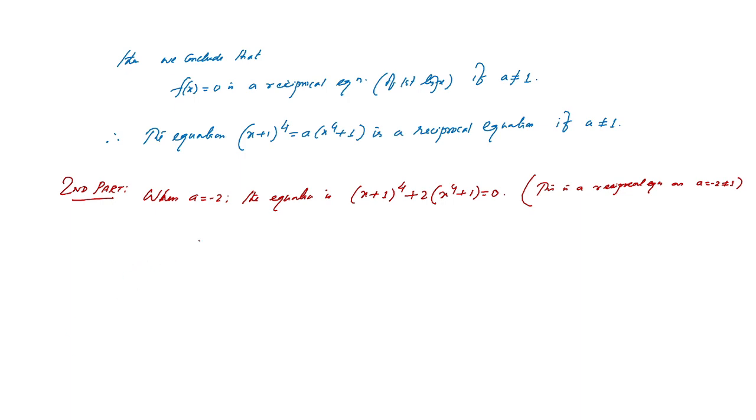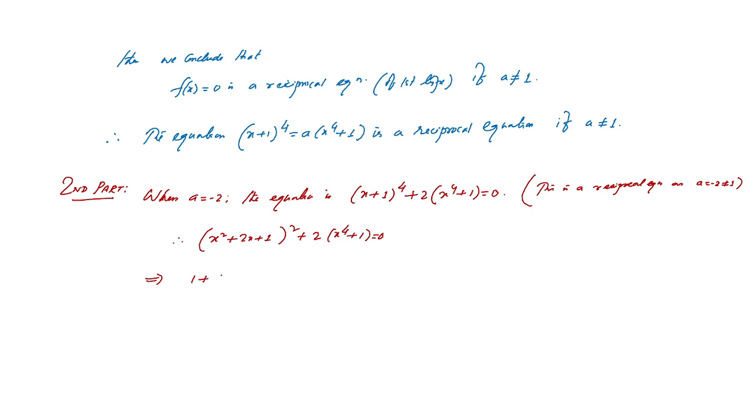We can write the problem as (x^2 + 2x + 1)^2 + 2(x^4 + 1) = 0. Now we just divide by x^2. What we will get?